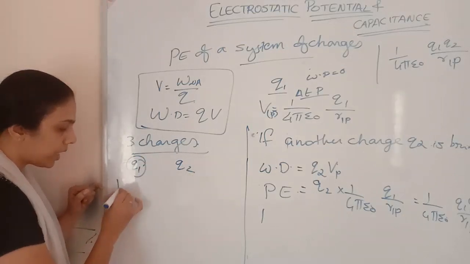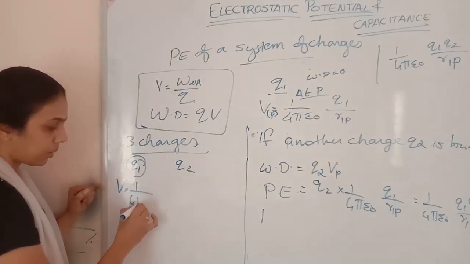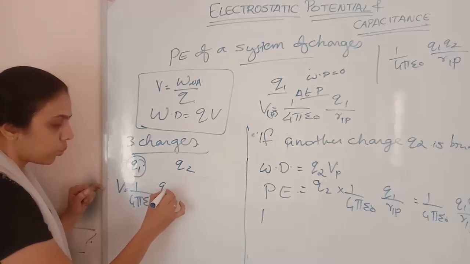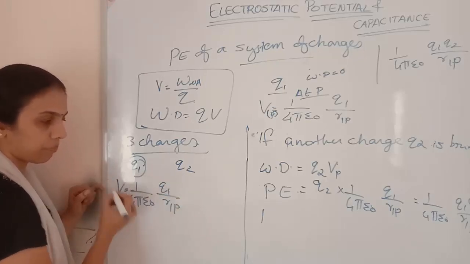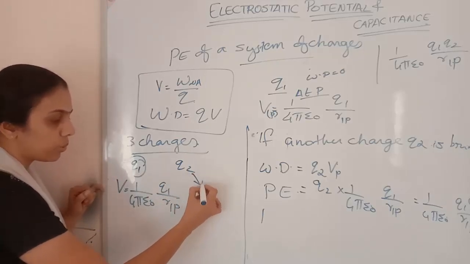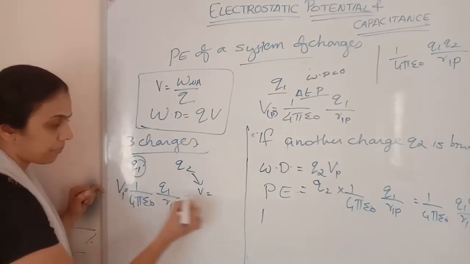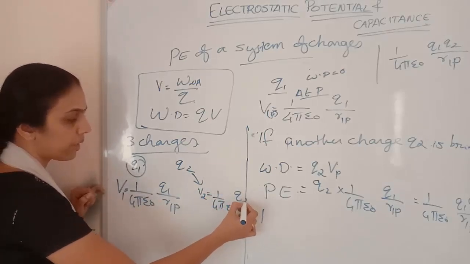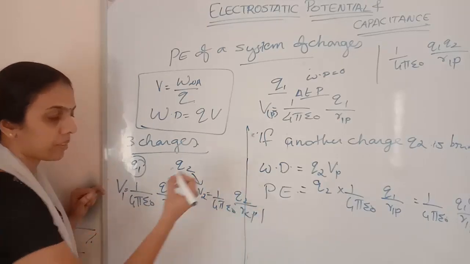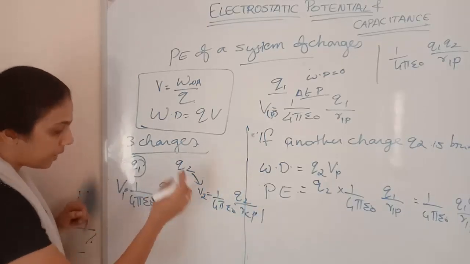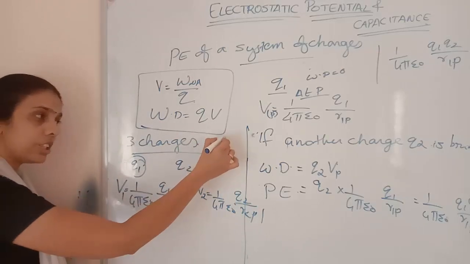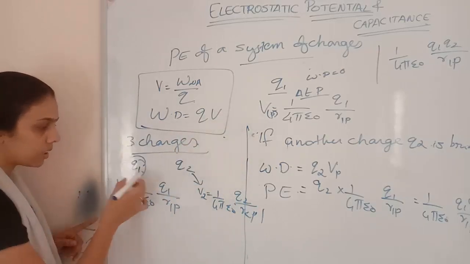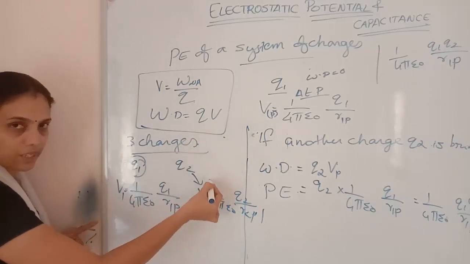Due to Q1, the potential is V equals 1 by 4 pi epsilon 0 Q1 divided by R1P, and due to Q2, another potential is 1 by 4 pi epsilon 0 Q2 divided by R2P. So the third charge should do work against Q1 as well as Q2.